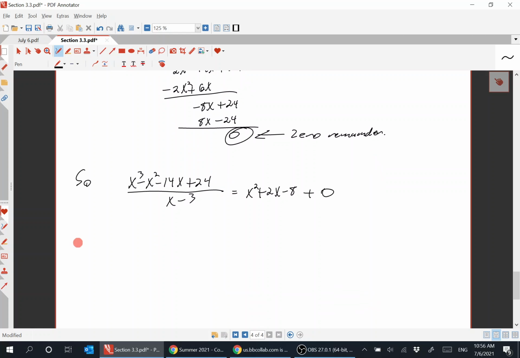So this tells us x to the third minus x squared minus 14x plus 24 is equal to x squared plus 2x minus 8 times x minus 3. So this is a partial factorization.